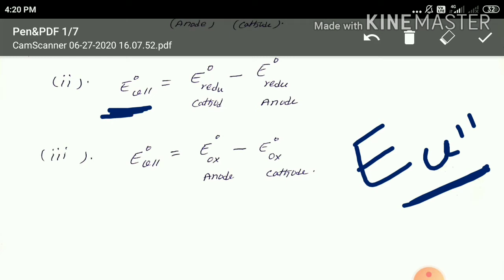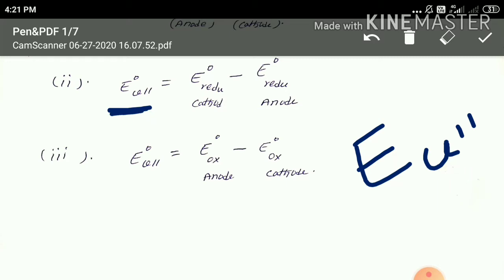But E naught cell means the EMF value of the cell at standard conditions, that means at 25 degrees centigrade temperature and electrolyte concentration of 1 molar. Okay, that is the difference between E cell and E naught cell. E cell indicates the EMF value of the cell at any condition, but E naught cell indicates the EMF value of the cell at standard conditions.